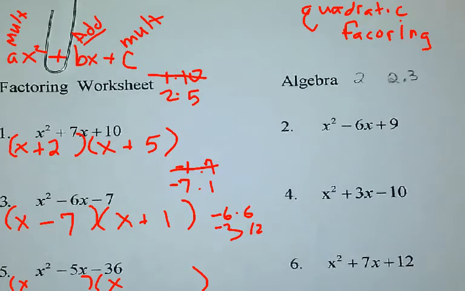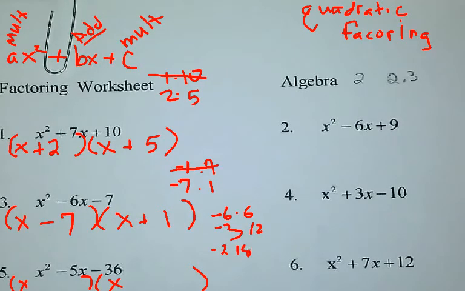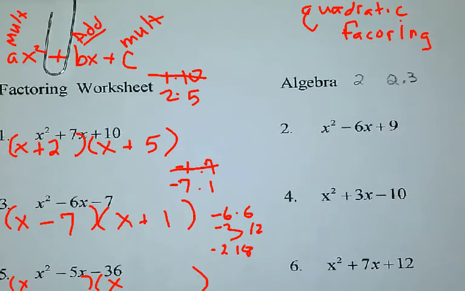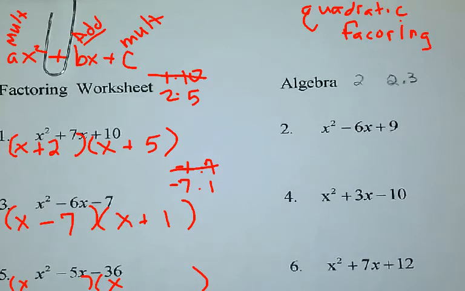So that's not it. 2 times 18, negative 2 and 18, doesn't work either, because when you add those together you get 16. That's not what I want. So it can't be this one, or this one. There must be another way to get 36. Maybe you've already thought of it. I'm going to think of it too.